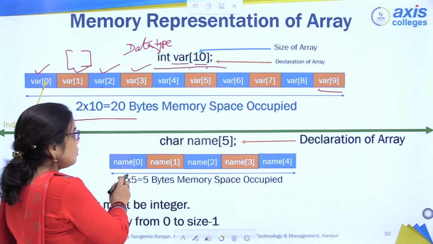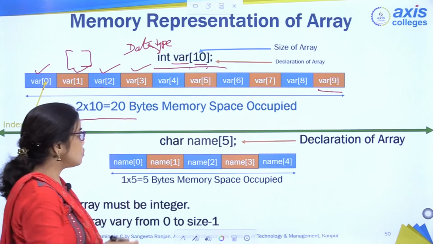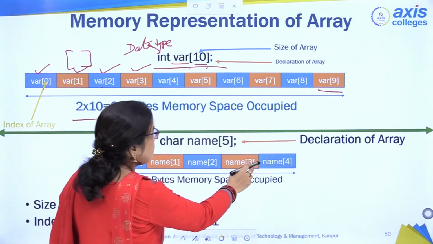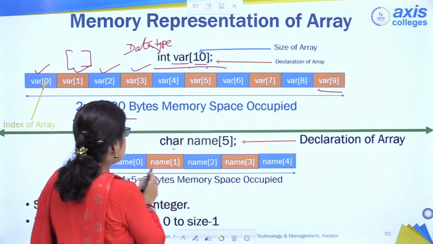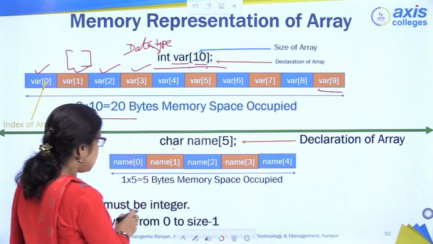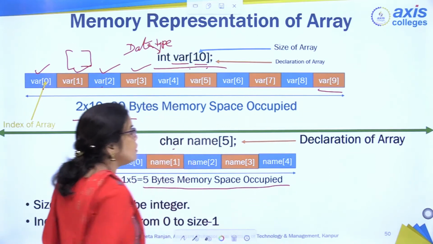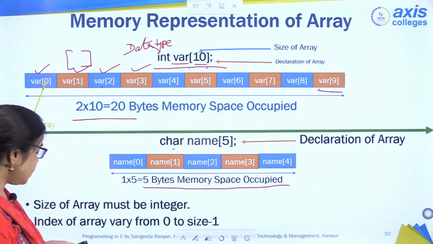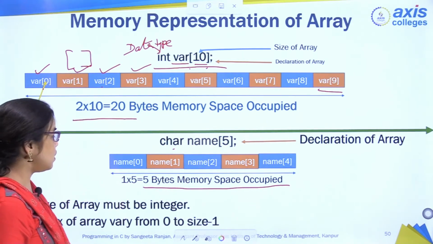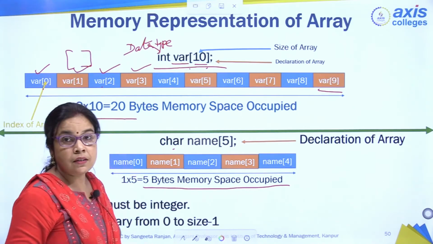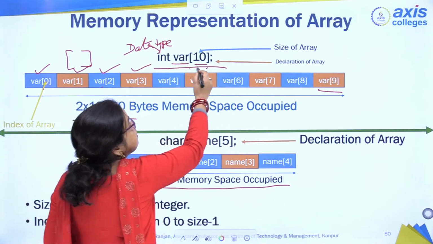Now char takes 1 byte in memory. So here char name has size 5, so it takes 5 bytes in memory. Here it is written that 5 bytes of memory space are occupied by the char variable. We must know the size of the array must always be an integer, that is 10 here.